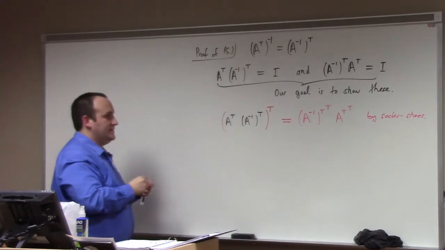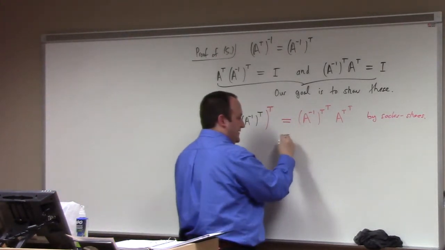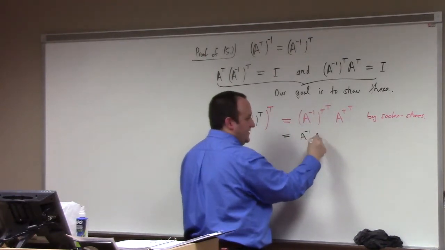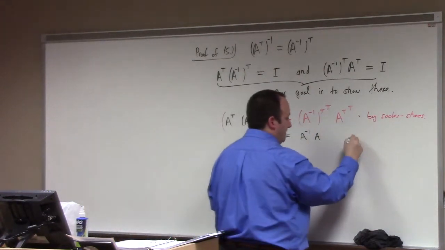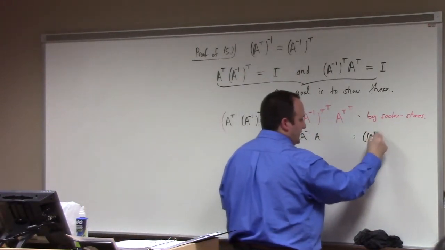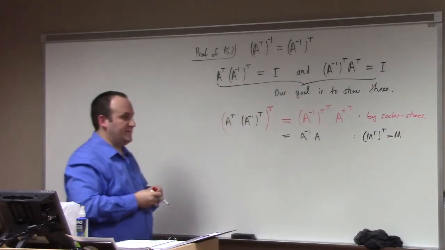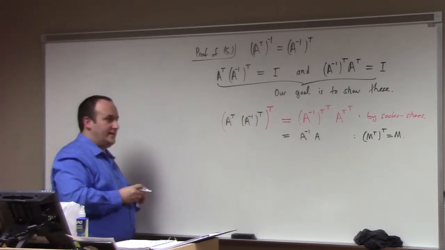But what are these? This is A inverse, and that's A, because the transpose of the transpose, right? M transpose transpose is equal to M, right, for all M. Transpose of the transpose, back where you start again. But what's A inverse A? That's I.